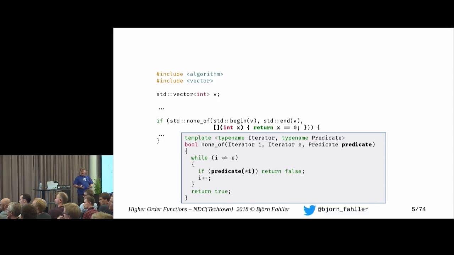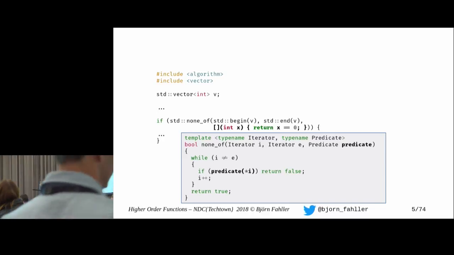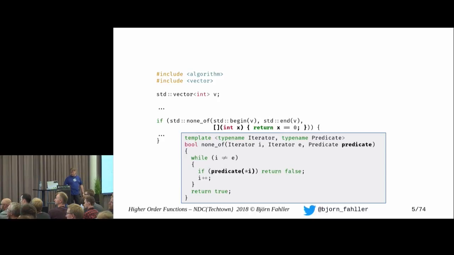And if we get through the entire loop without the predicate ever triggering, we return true. Okay? Nothing fancy. You can be super fancy and do SFINAE stuff to ensure that the predicate is actually callable with the value type of the iterator, etc. But the standard library doesn't. So why overdo it? It doesn't really make sense to write none_of because you have it in the standard library, but just to show how you can do this.